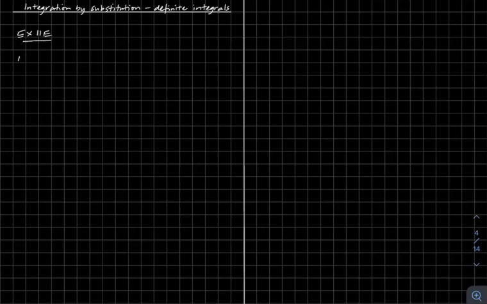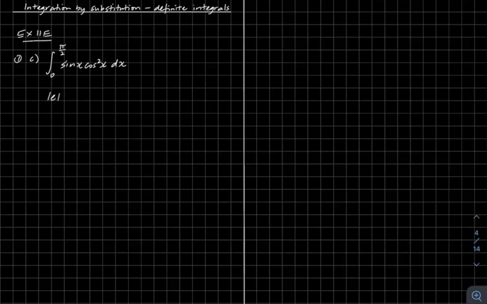So let's say we're trying to find the definite integral, and we'll do some trig functions again. So the definite integral from 0 to pi over 2 of sine x cos squared x dx. Alright, well, recognizing that sine x is the derivative of cos x, or it's actually negative sine x, but that doesn't matter too much.